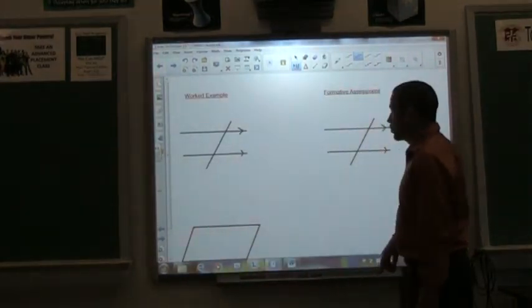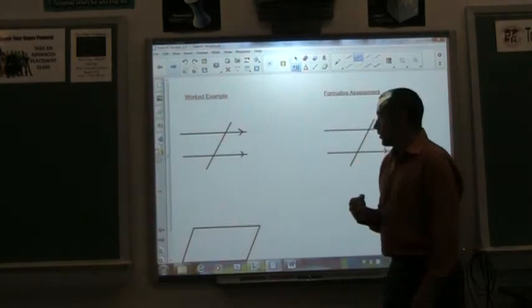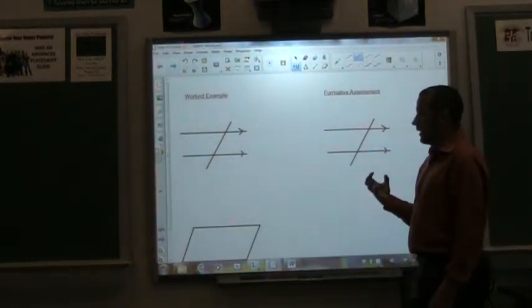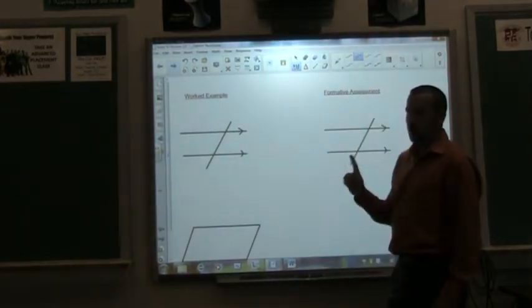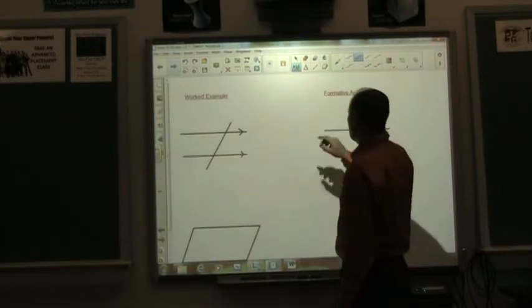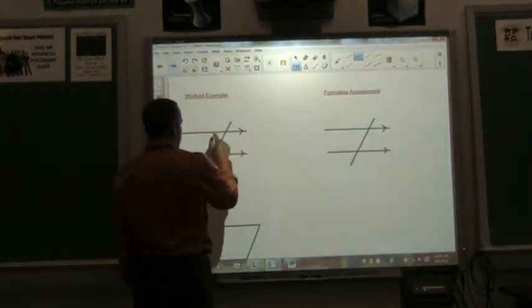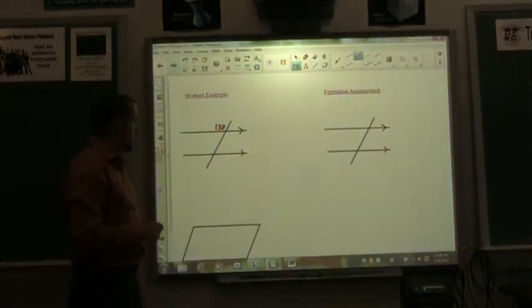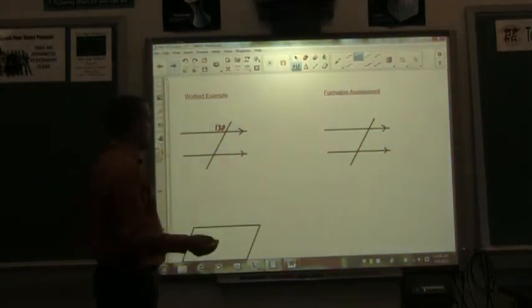Okay, so let's try a couple of examples here. I'll show you with some numbers how you can fill out an entire one of these with only having one of the angles. So let's fill in a number here. Let's say this looks like it's around 130 degrees right here, and we're going to fill in all of the rest after that.